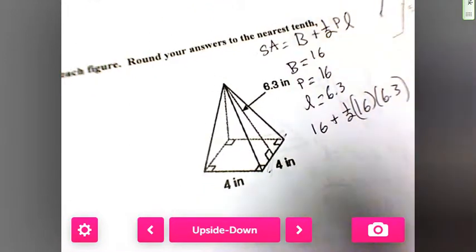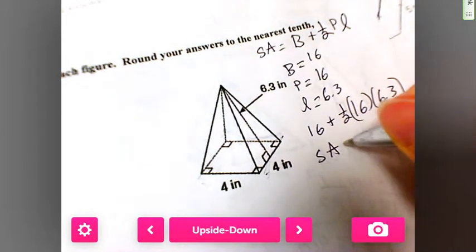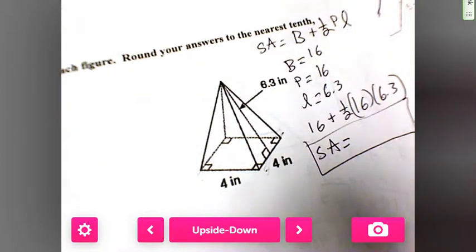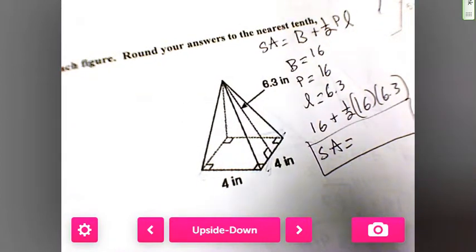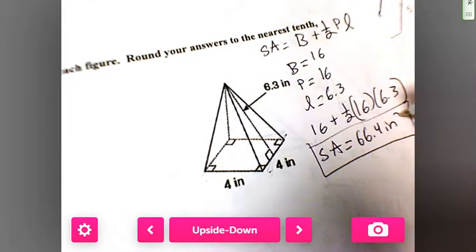What does that give us? Surface area equals what? Put it in your calculator. Who's got an answer? Yep, 66.4 inches squared. Good, because we're talking about surface area.